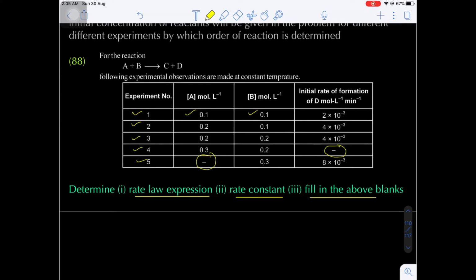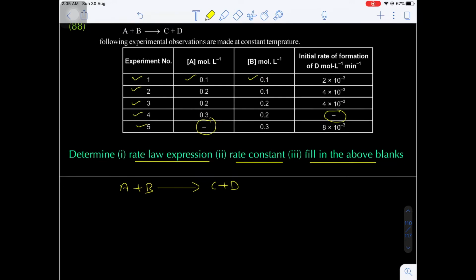Now the reaction is given, A plus B gives C plus D. I am writing a rate expression, that is R is equal to K into A to the power X into B to the power Y. One more important thing in this question, initial rate of formation of D is given.